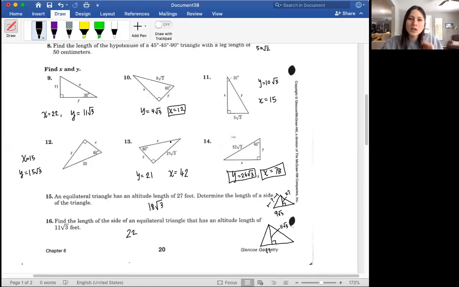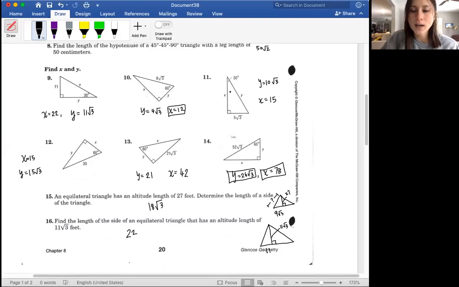One thing I do want to talk to you about is that if you have the short side being a number times square root of 3, the long side is double that, right? So it's like y would be 10 times square root of 3. And then x is really just this long, sorry, the hypotenuse is 10 times square root of 3.